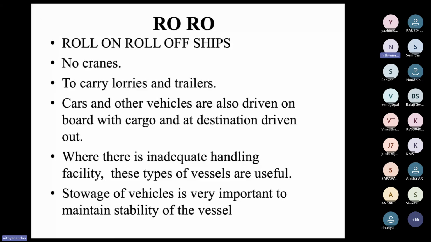This is called roll on, roll off. Here the boats or ships do not have the crane facility, as the lorries or cars will roll on themselves to the ship.